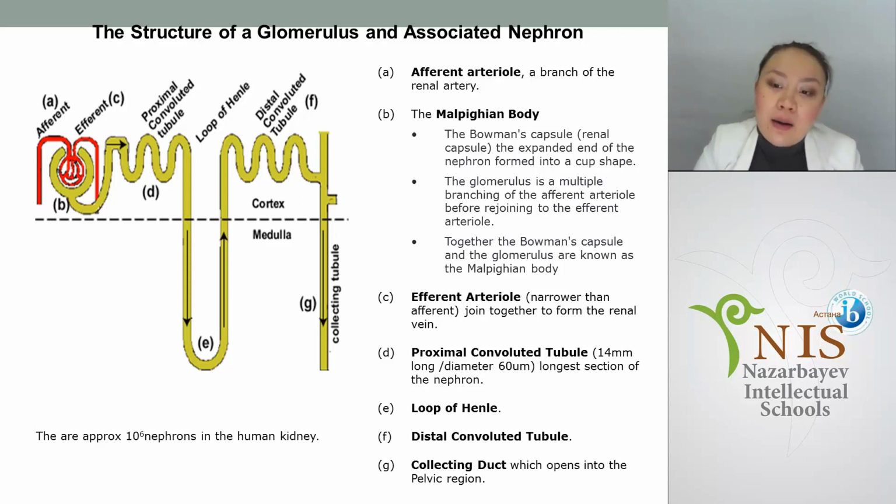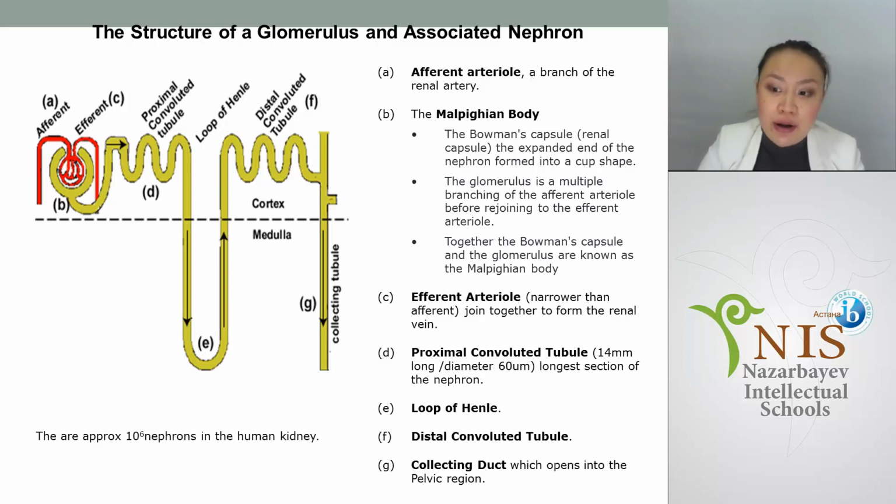B is the Malpighian body or Bowman's capsule. The Bowman's capsule, or renal capsule, is the expanded end of the nephron formed into a cap shape. You could see it from the picture, labeled B. The glomerulus is a multiple branch of the afferent arteriole before rejoining to the efferent arteriole.